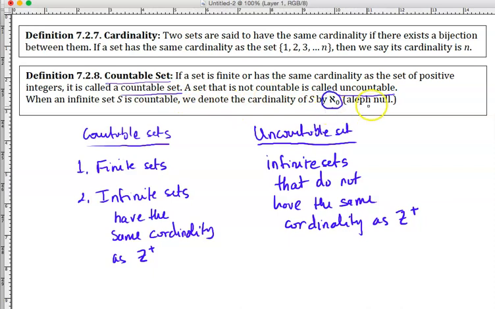This is Aleph null. Aleph is the first letter in the Hebrew alphabet. This is like the capital A, basically. If the set is finite, you give its cardinality as a number, a positive integer that tells you how many members are in that set. If the set is infinite and countable, you say that its cardinality is Aleph null.